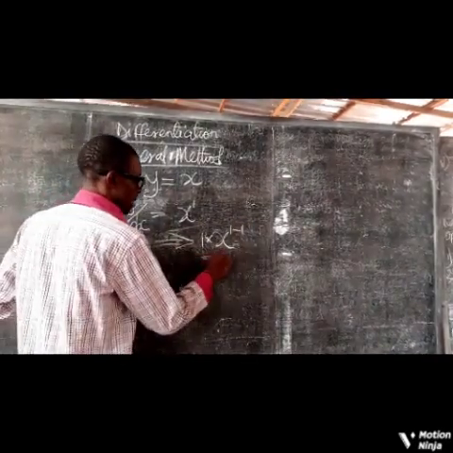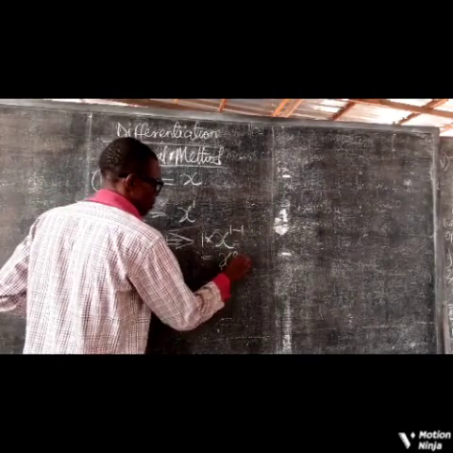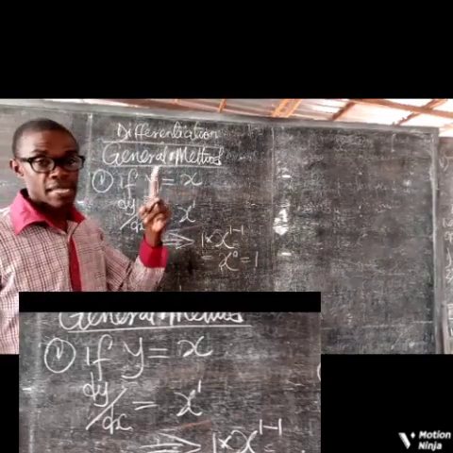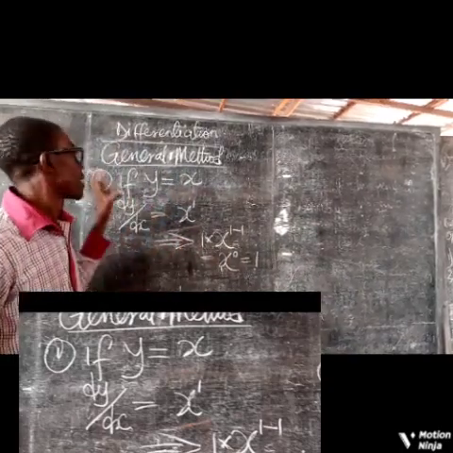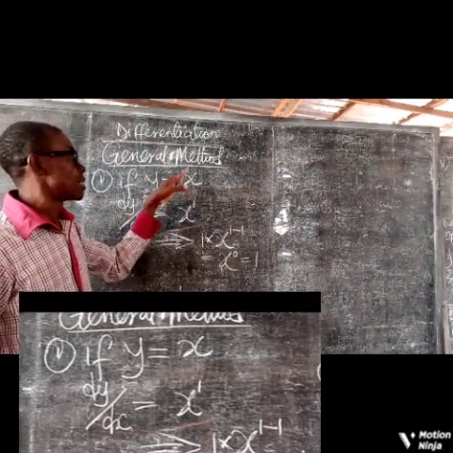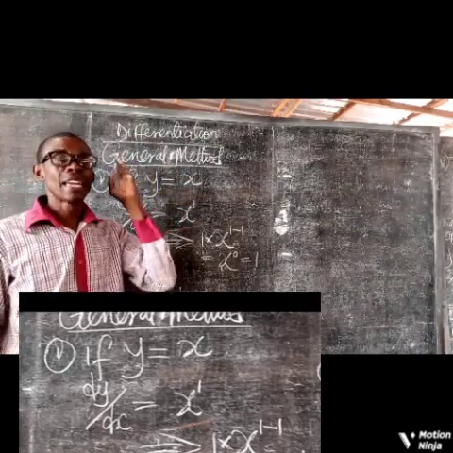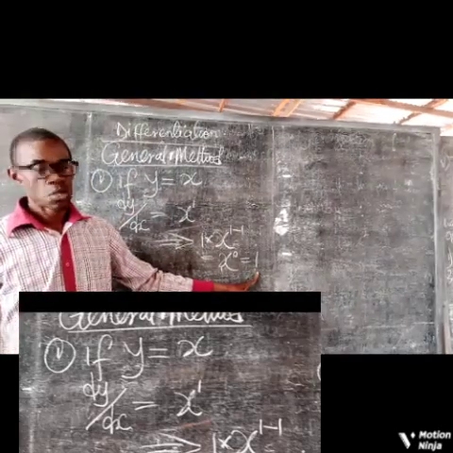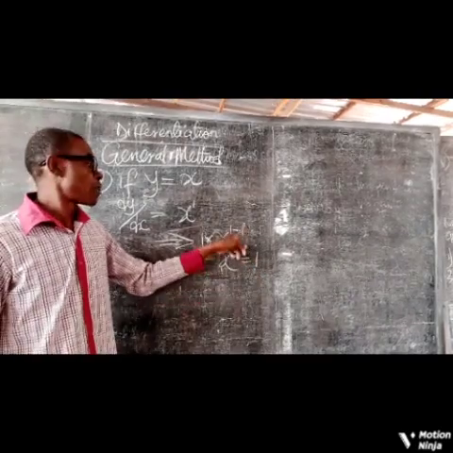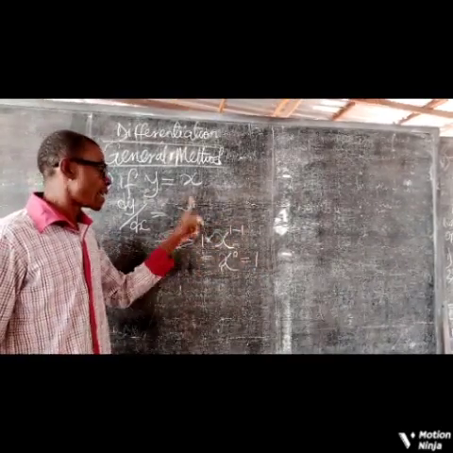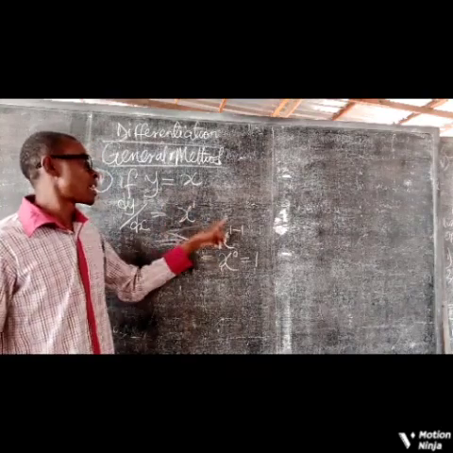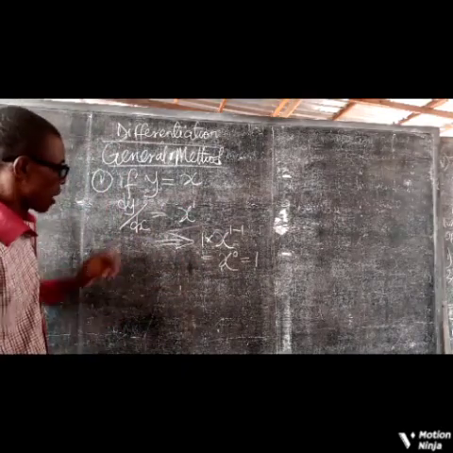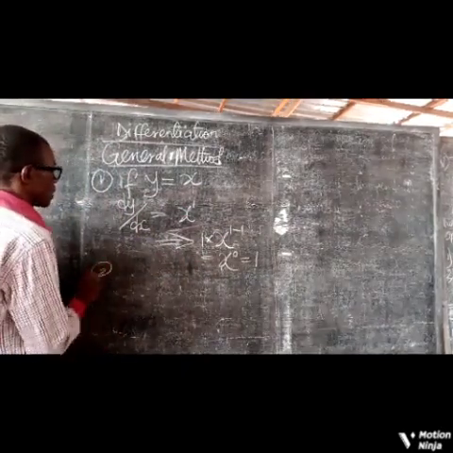You'll be having x to the power of 0, which is what? 1. And this has obeyed the law we gave initially. We said initially that the differential coefficient of any given variable is unity. So we arrive at 1.